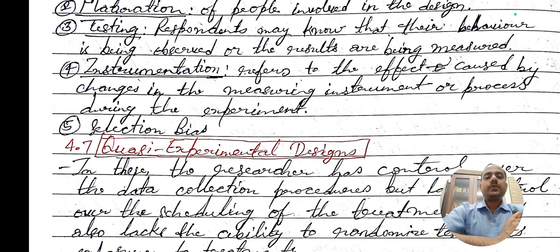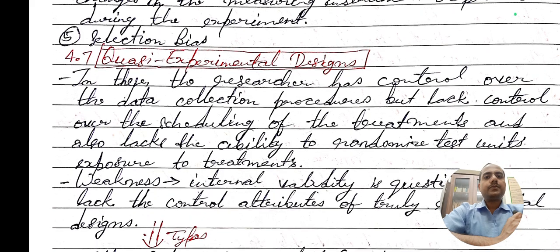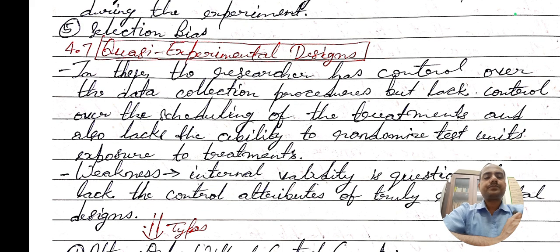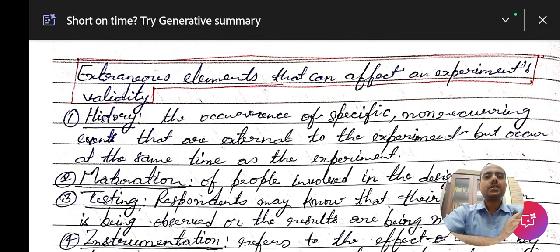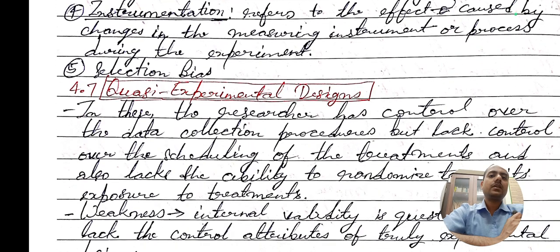And next we have fourth one, instrumentation, refers to the effect caused by changes in the measuring instrument or process during the experiment. And fifth we have the selection bias. So these are five extraneous elements that can affect an experiment's validity.